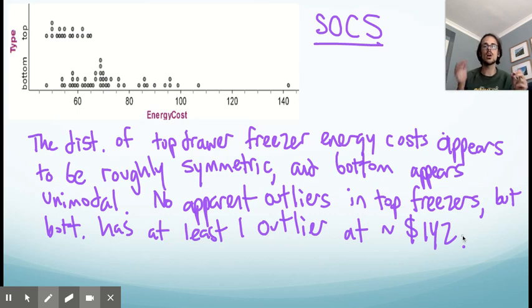Okay? So you talk about the presence of outliers if they exist. No apparent outliers is a good phrase to use if it doesn't appear like there are any. So that's shape, that's outliers.